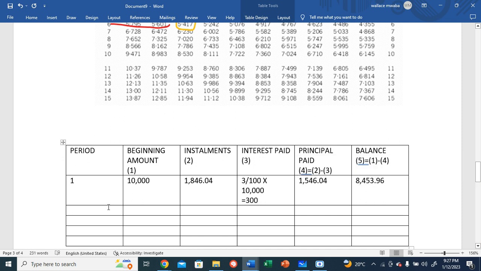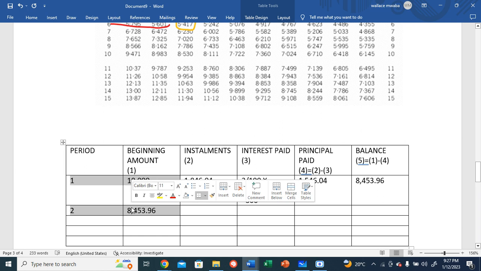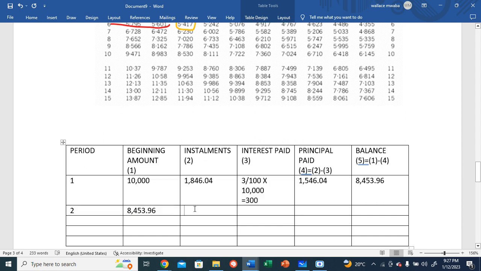So this balance is going to be our beginning amount. The second payment for the year, 8,453.96. Period one and period two represent year one. Then period three and four will be year two. Period five and six, year three, since this loan is for 3 years.